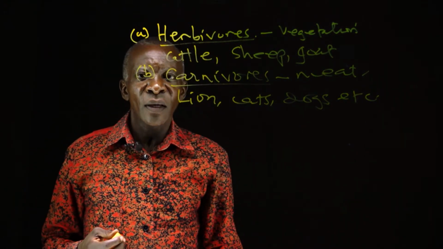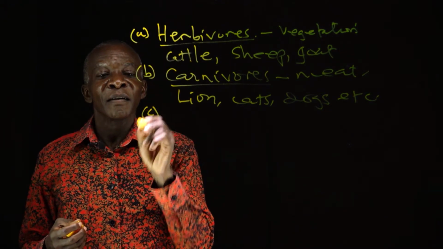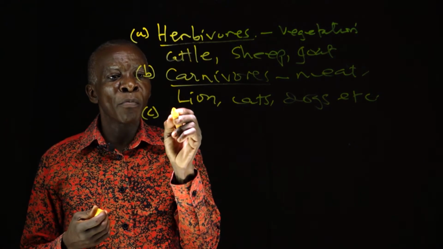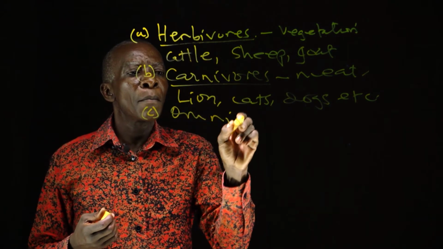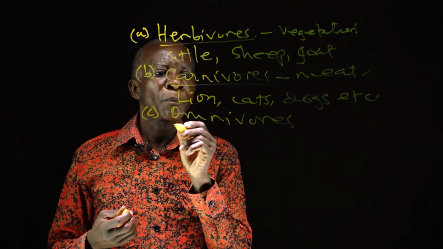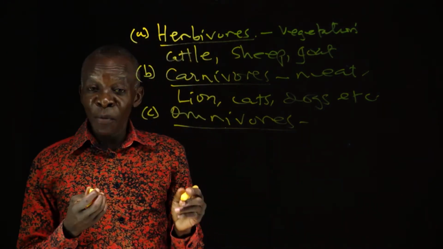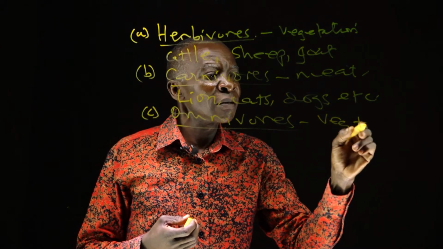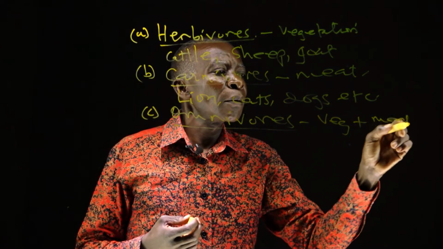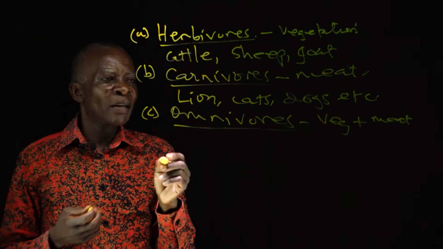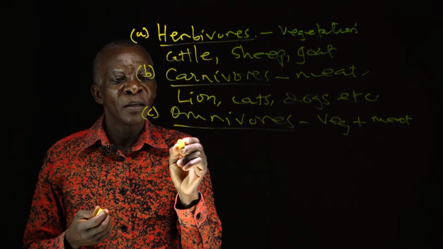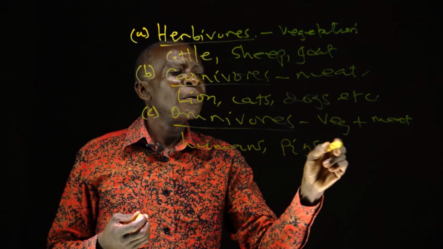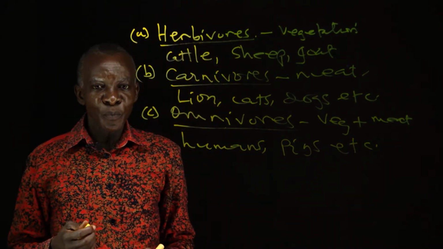And the third category comprises omnivores. The omnivorous animals feed on both vegetation and meat, and they are exemplified by human beings, pigs, and the like.